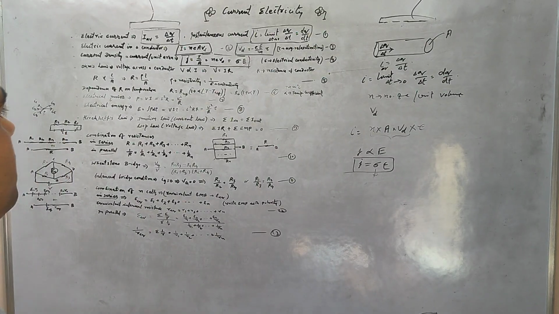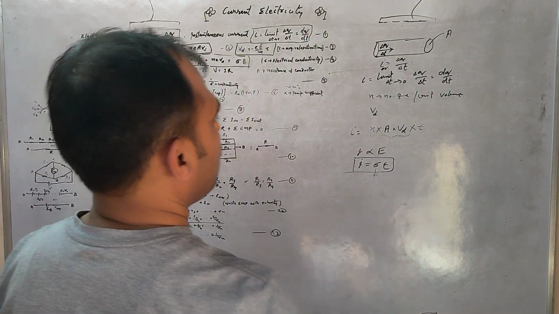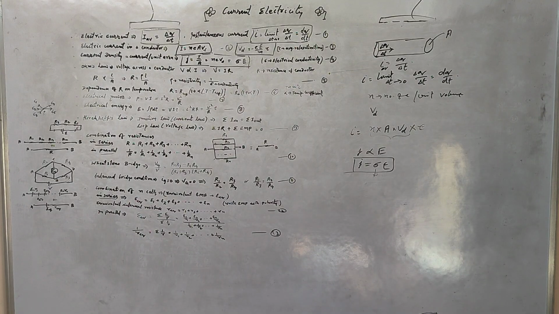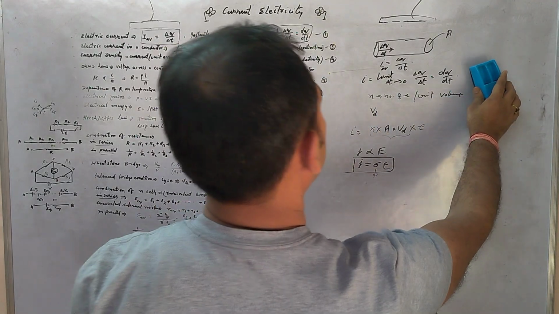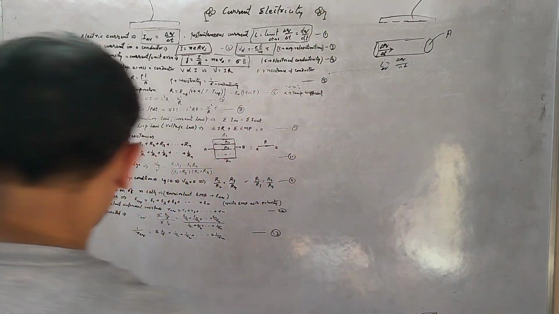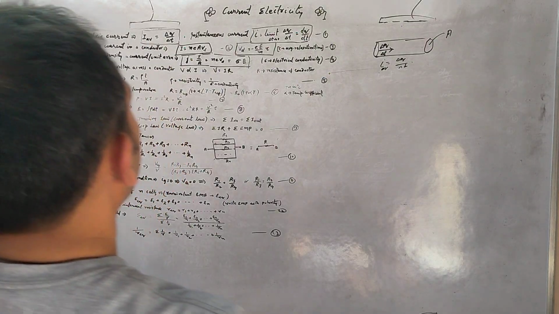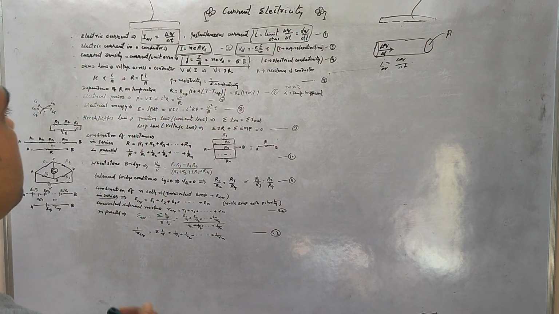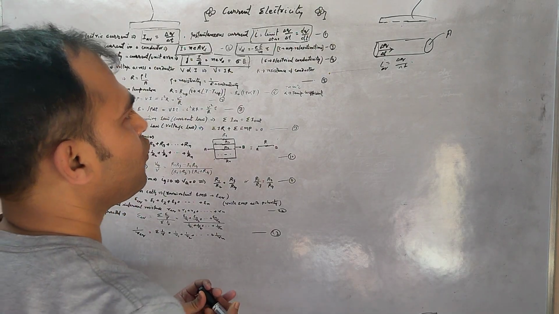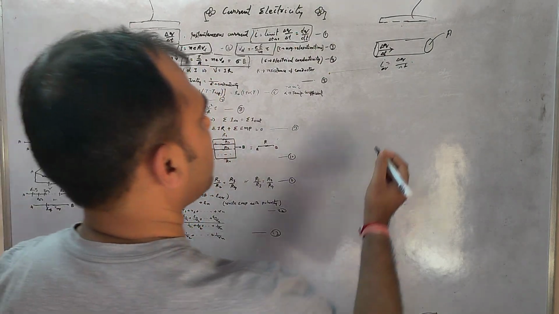Now comes Ohm's law. So what is Ohm's law? Ohm's law says that voltage across any conductor is directly proportional to the current flowing through it.